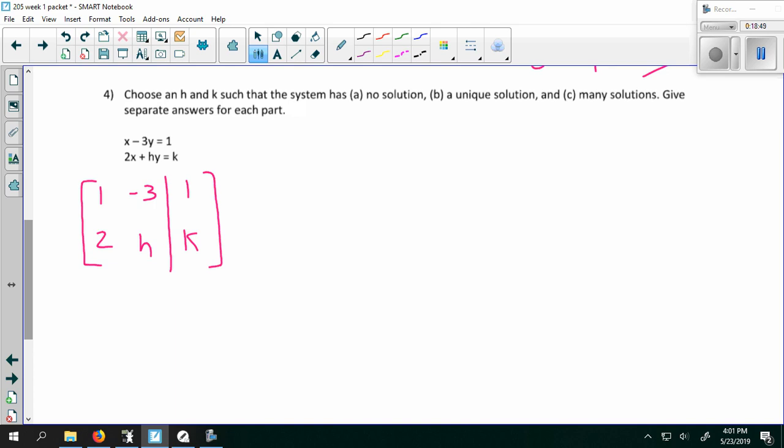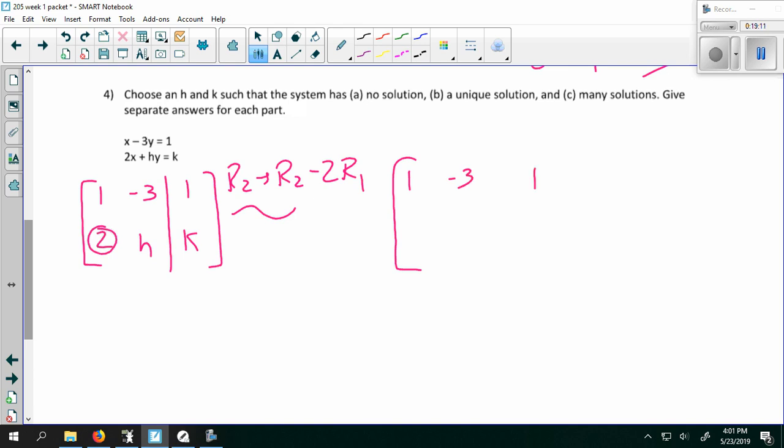So I want to put this into echelon form. So I'm going to knock out this 2 using the 1 above it. So row 2 becomes row 2 minus 2 row 1. Row 1 doesn't change. I'm just copying it.